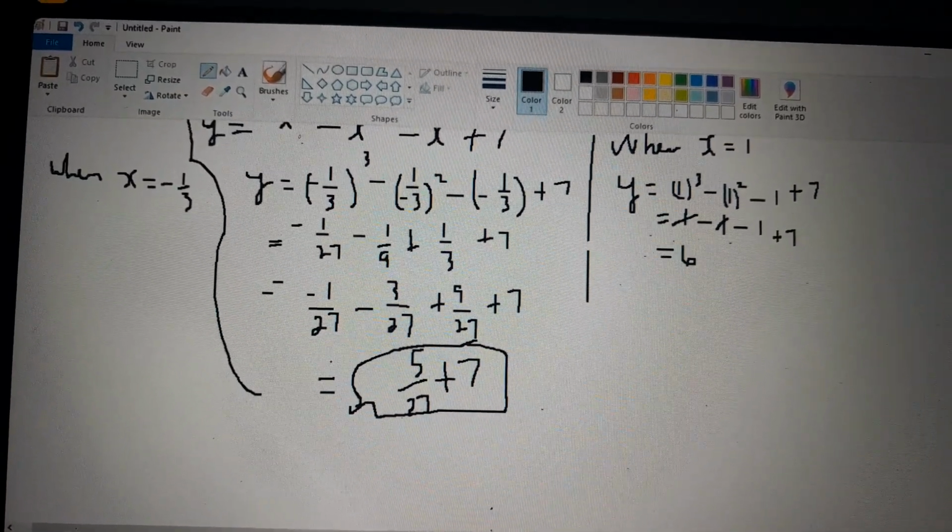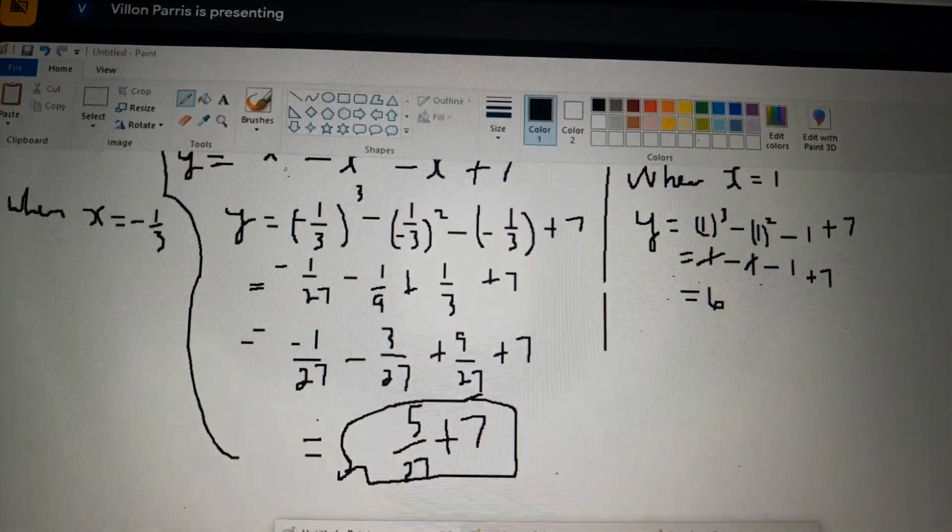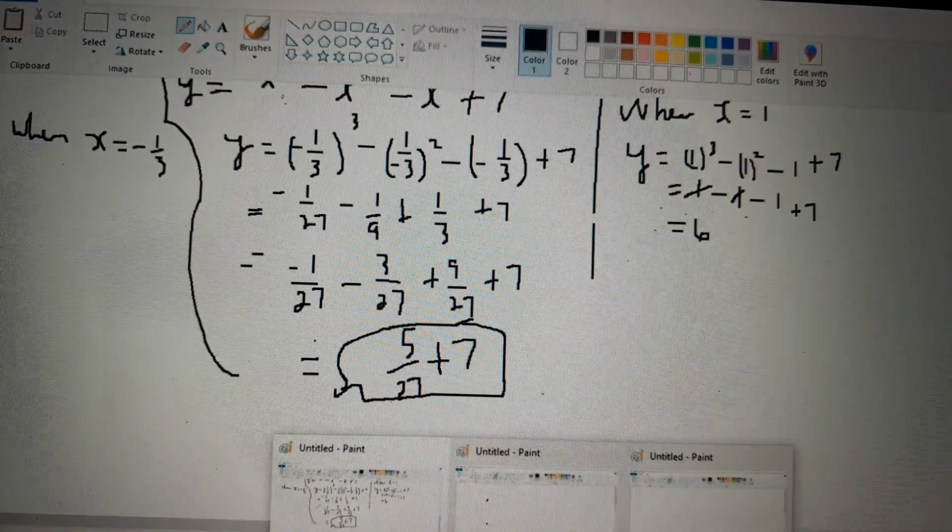So what I'm doing, I'm still waiting for the confirmation. But I'm going to show you the graph as well because I really want you to see something.